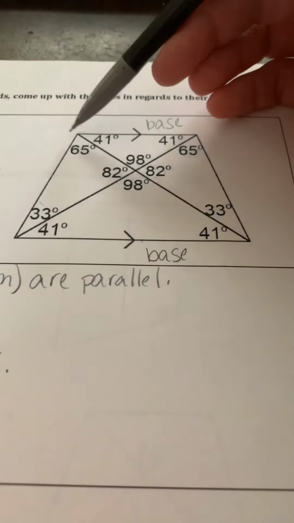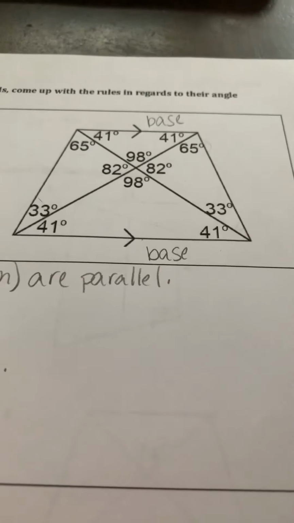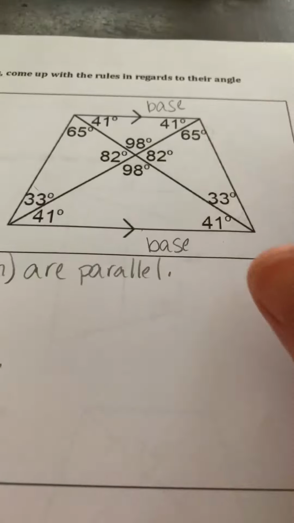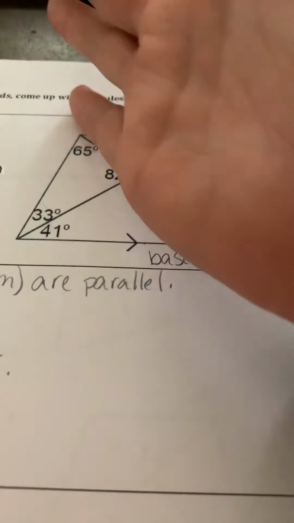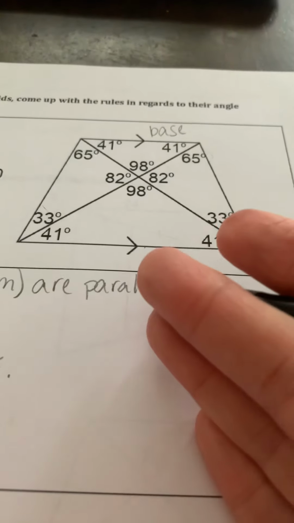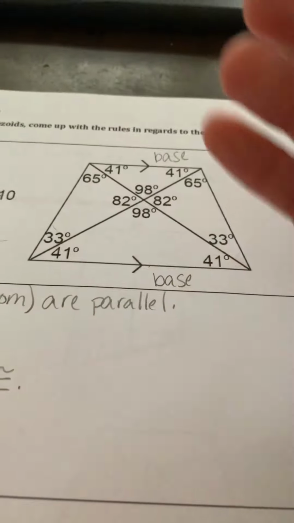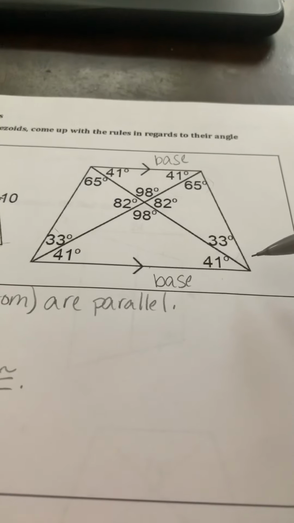We also see a diagonal here. And what do we notice about the diagonals? That they are not congruent. So unlike the kites, where it cuts the vertex into two equal parts, or cuts the shorter diagonal into two equal parts, this does not have that same rule.